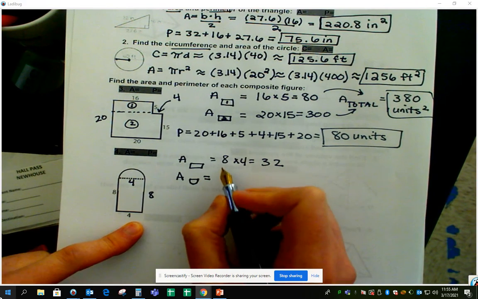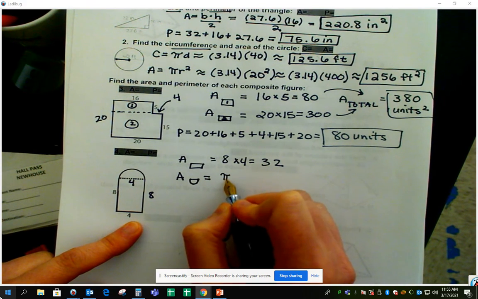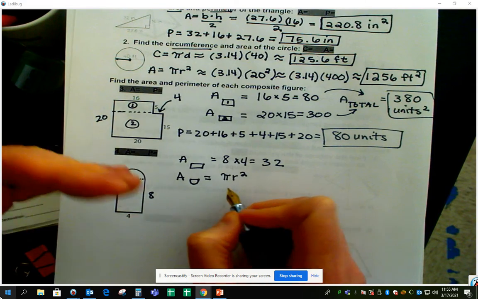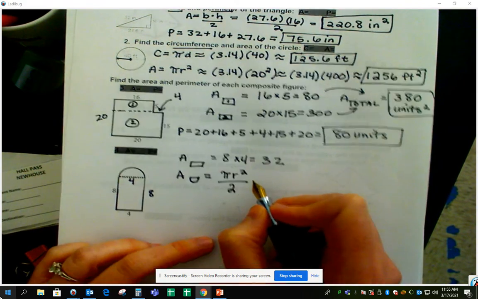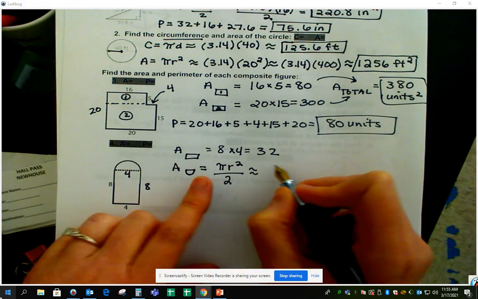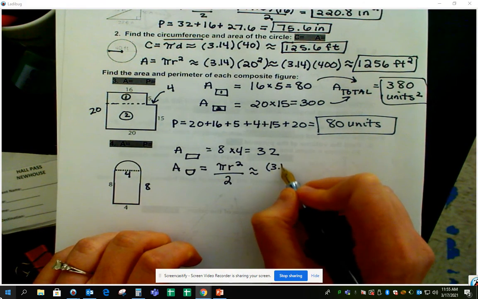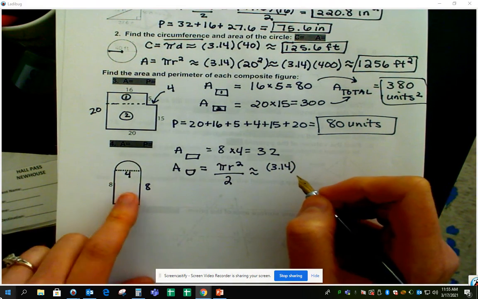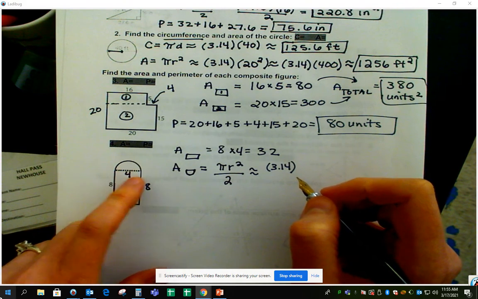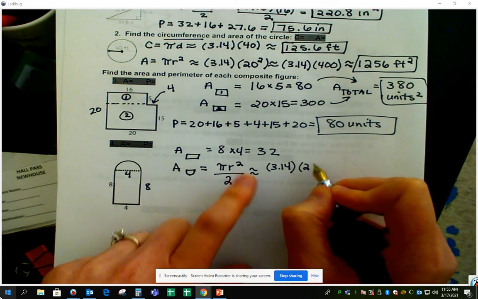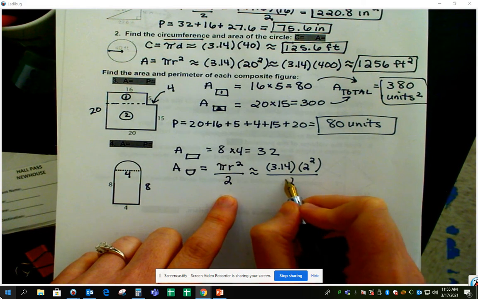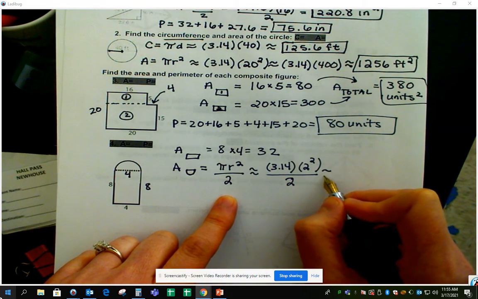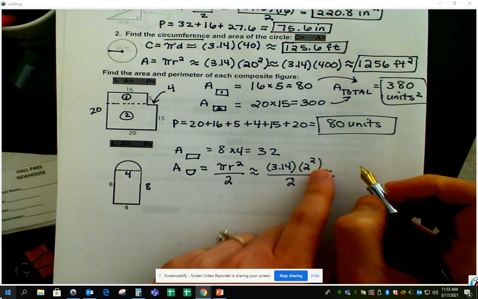And then let's do the area of the semicircle. Remember, area of a circle is pi r squared. And if it's a semicircle, it's just half of that. So we're going to divide that by 2. Okay, so let's plug in our values. Pi is 3.14. The radius, if the diameter is 4, then the radius is 2, squared, divided by 2. Okay? And then when I put that in, 2 squared is 4.